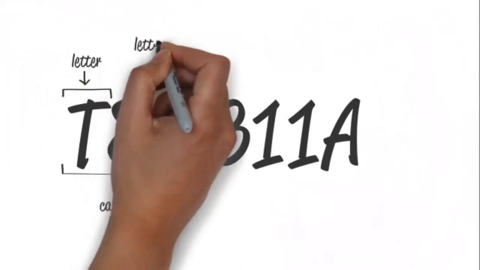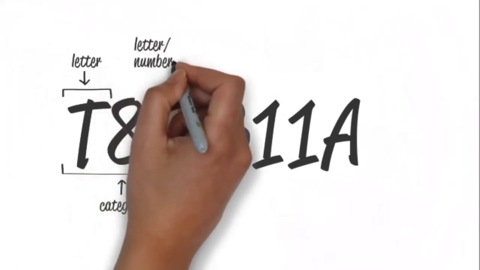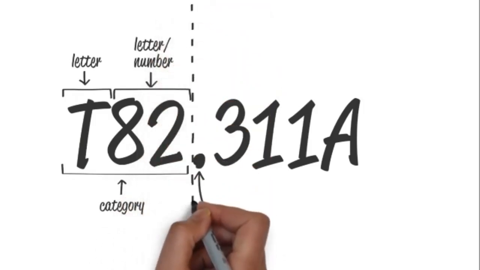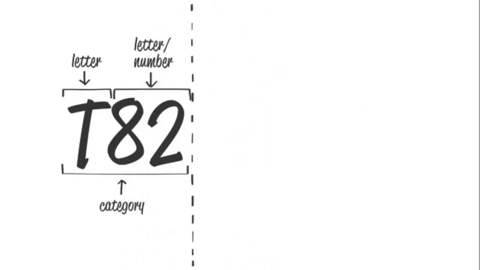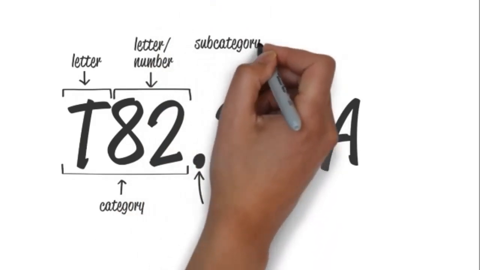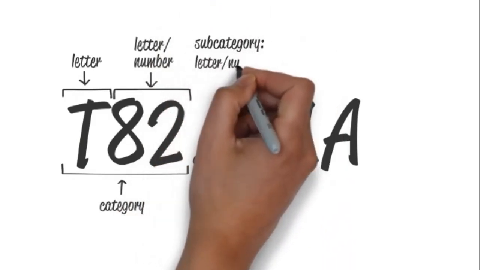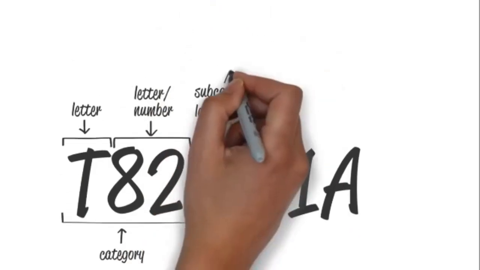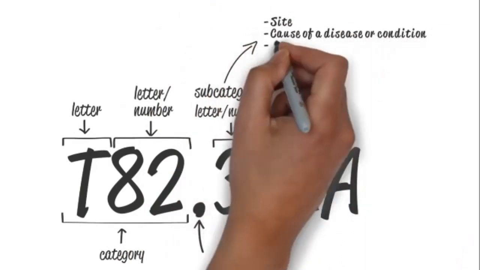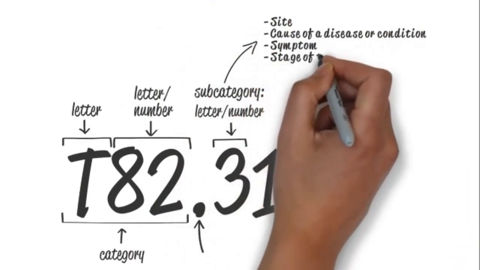The second and third characters can be numbers or letters. There is always a decimal after the third character, unless the code is made up of just 3 characters, which is the minimum number in the code set. The fourth character defines a subcategory and can be either numbers or letters and identifies the site, the cause of the disease or condition, the symptom, and or stage of the condition.